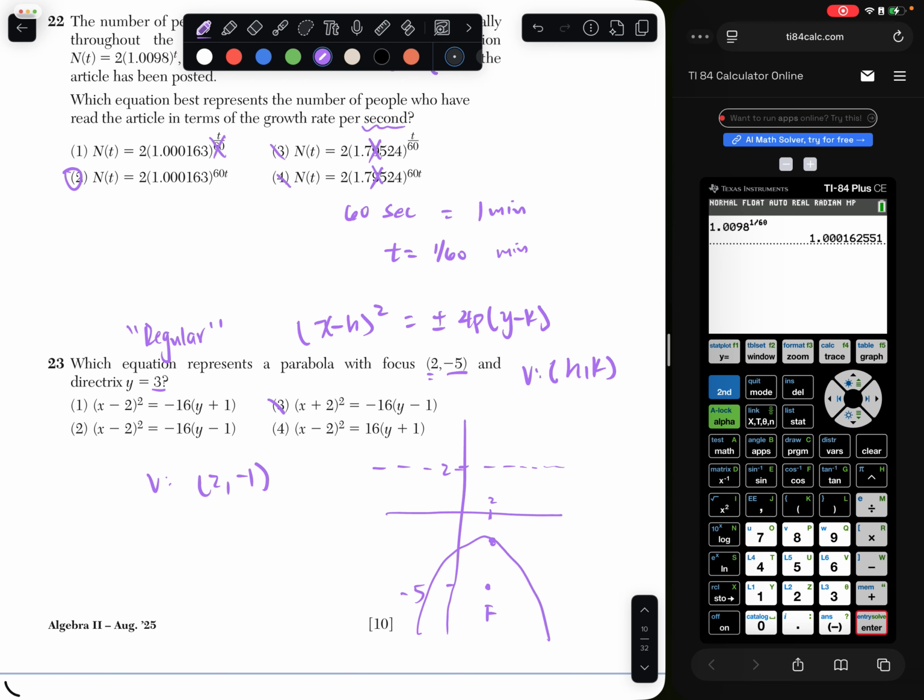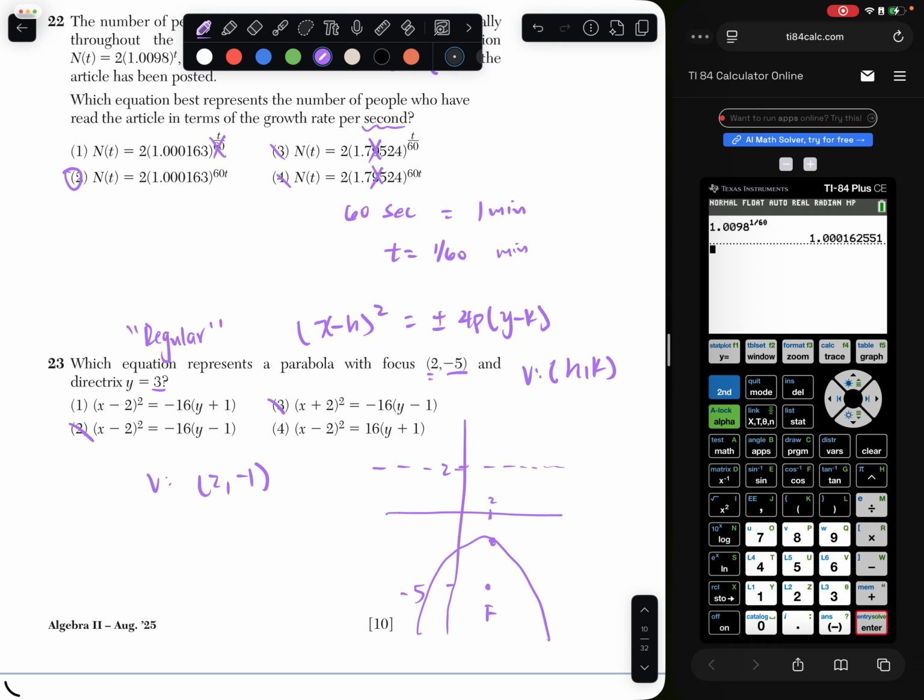So it's going to be x minus 2. Choices 1, 2, and 4 satisfy that. And now y minus k, so I would have y plus 1. Choice 2 is not it, because this is y minus 1. And now is it choice 1 or 4?